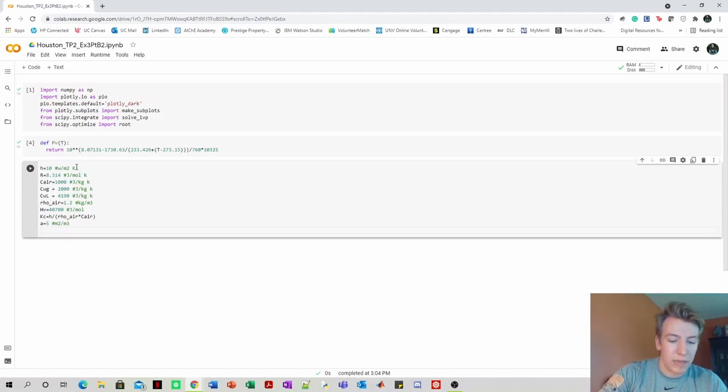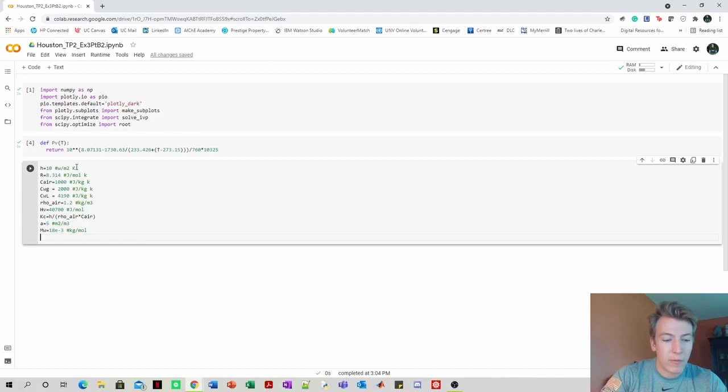We know the molecular weight of water, just by definition, is 18e-3, because we're going to convert that to kilograms per mole. And then we also know the molecular weight of air being 29e-3 kilograms per mole again.